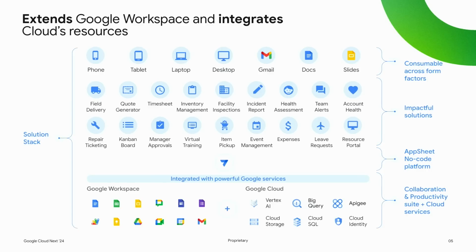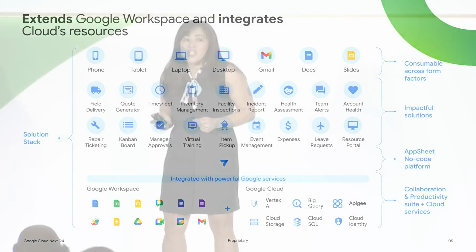AppSheet can make people more productive by supporting a variety of use cases, from inventory management to vacation requests or employee training and onboarding. AppSheet also connects to Google Workspace and Google Cloud Services, so you can build intelligent apps. And if you didn't know, AppSheet core licenses are included in most Workspace plans, so you can put AppSheet in the hands of anyone, because citizen development is here.